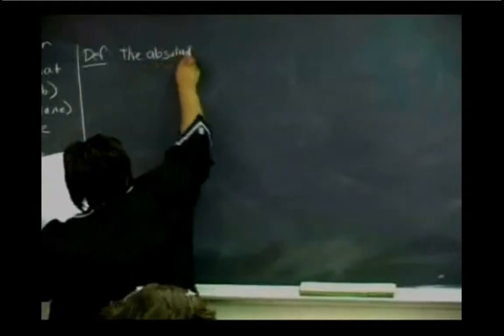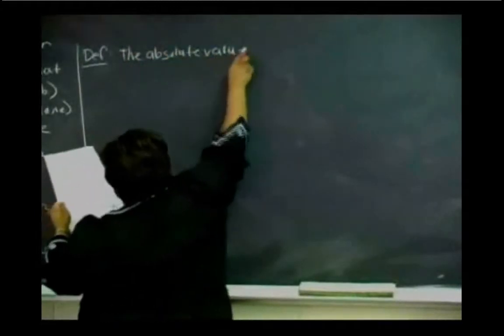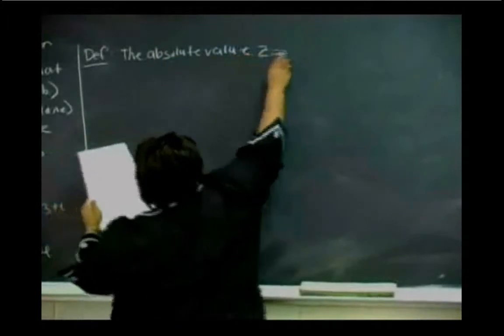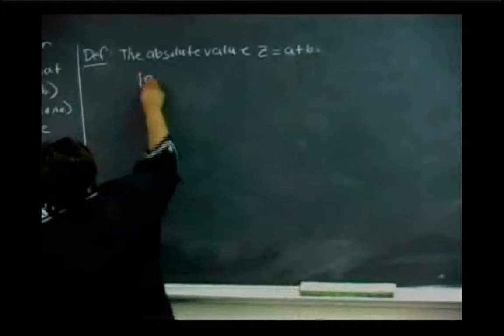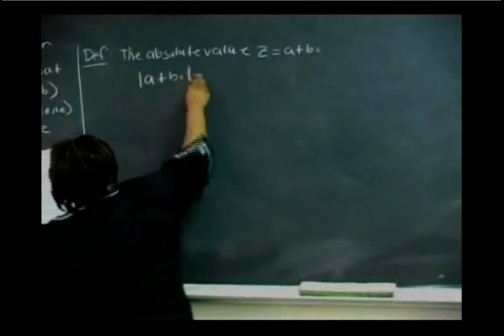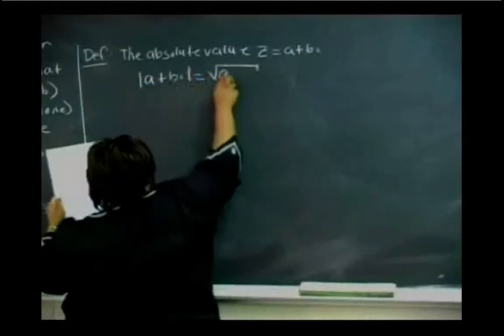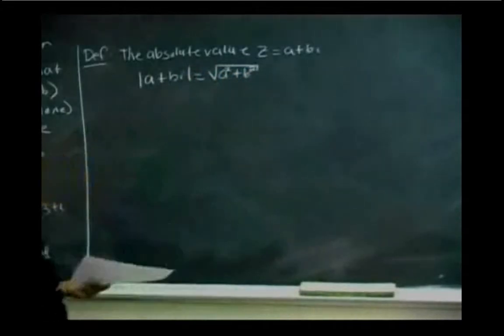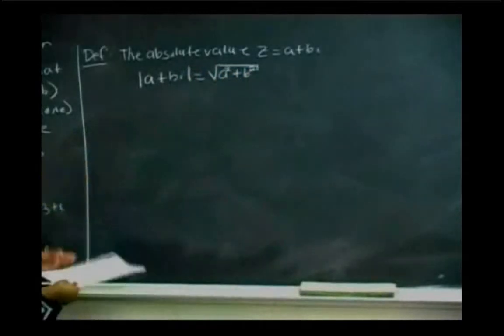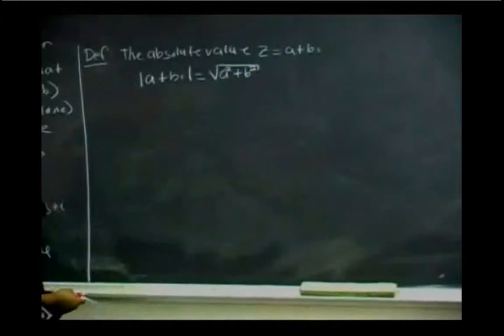The absolute value of Z equals A plus BI is defined to be the square root of A squared plus B squared. Okay? So we square the real component of that number and the imaginary component.